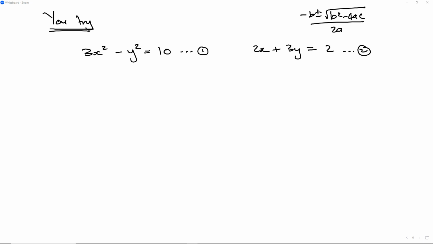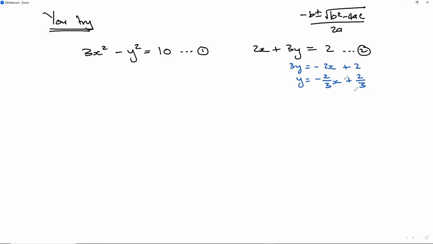So the first thing I do is I take my second equation and make y the subject of the formula. So it becomes 3y equals negative 2x plus 2. So y equals negative 2 over 3 x plus 2 over 3.